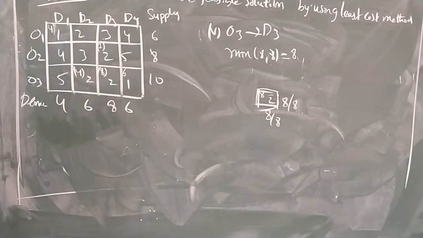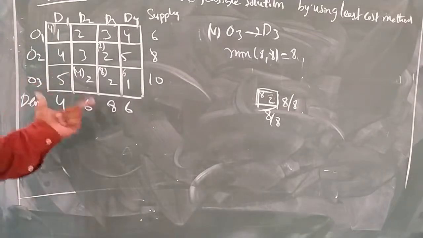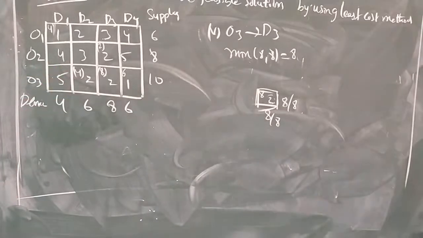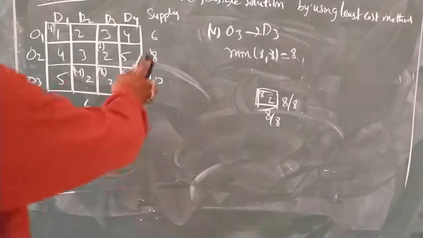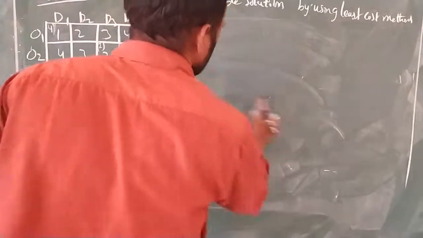In the final table we can see these values. So first one is 4 and the next one is 8 and the remaining values. So these values we need to mention in the table. After mentioning it, we need to find out the transportation costs. Now let us find out by using another question.